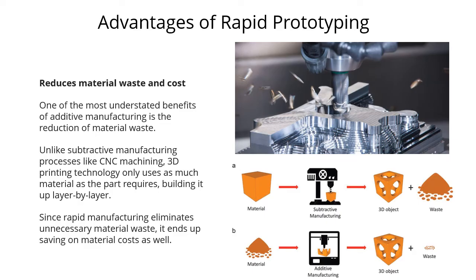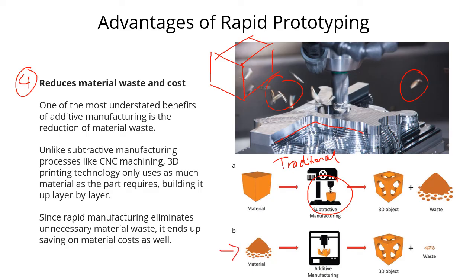This one here, it reduces material cost. So CNC, like I spoke about earlier, you would have a big block of material, and this CNC milling machine would get rid of all of that material, and you can see it all flying away, and that's all waste. You can't really do much with that, and that's more traditional here, using a subtractive manufacturing process.